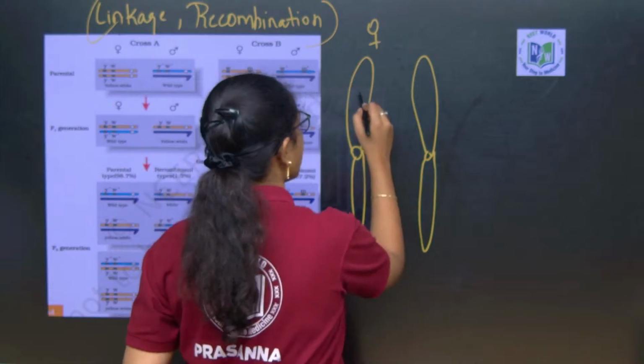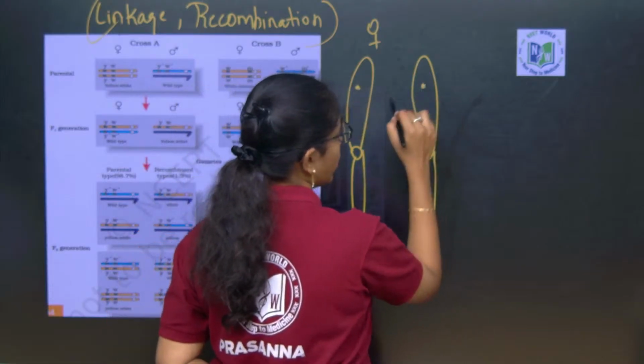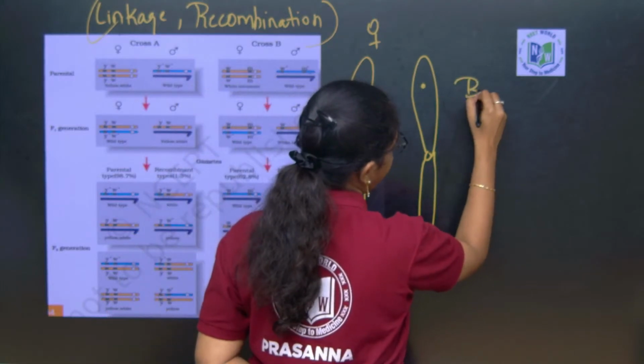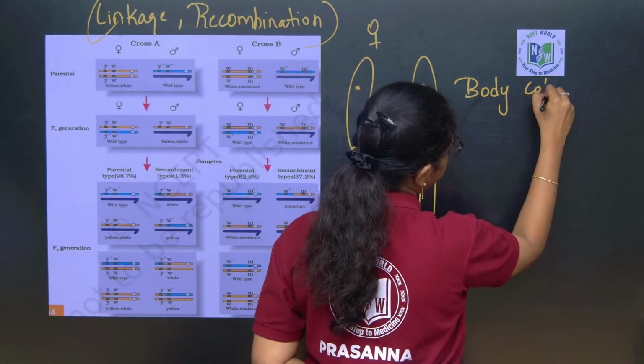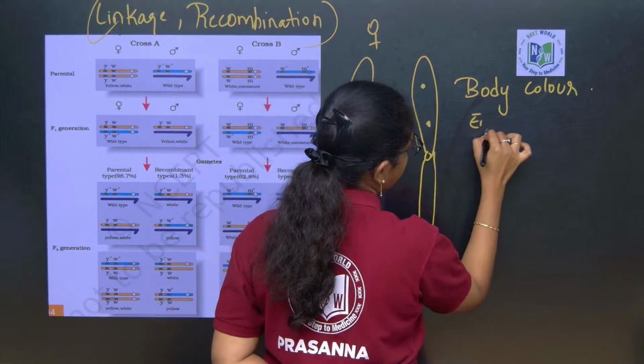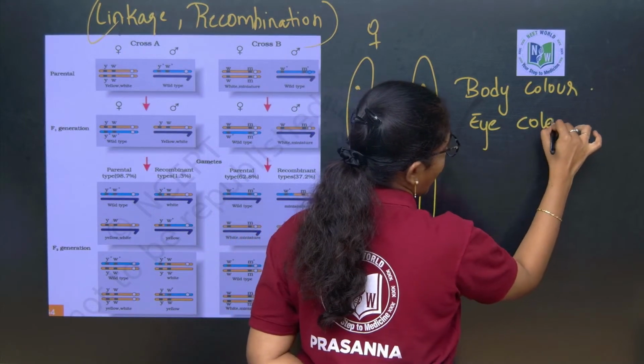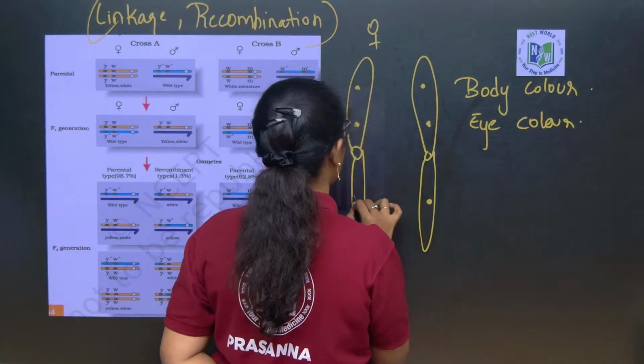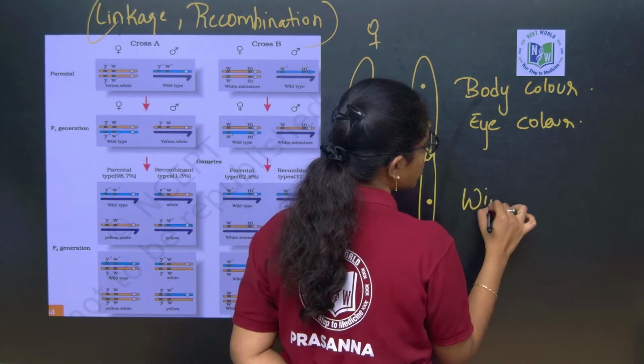One trait is body color, the second is eye color, and the third is wing shape.